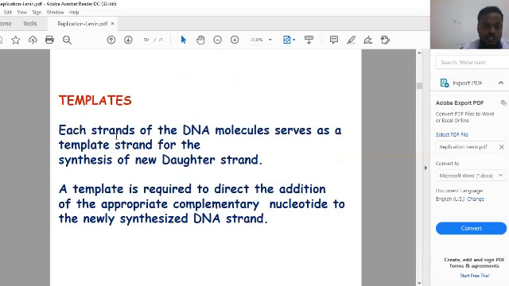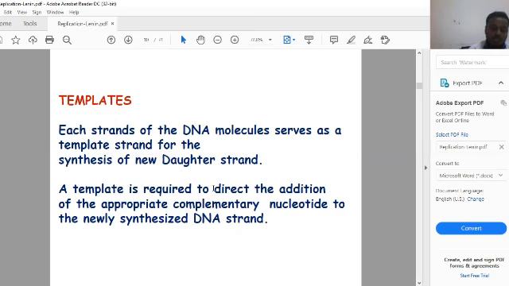Another requirement is the template. As already told, the template is the parent DNA. Each strand of the DNA molecule serves as a template strand for the synthesis of a new daughter strand.